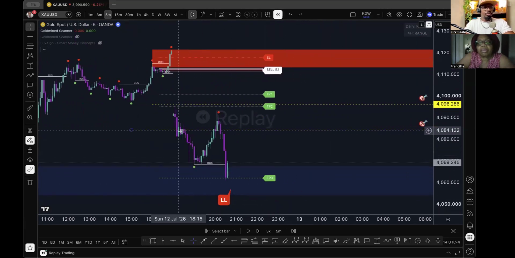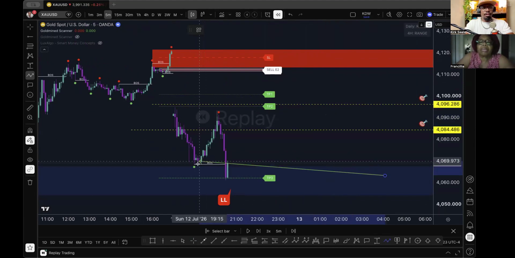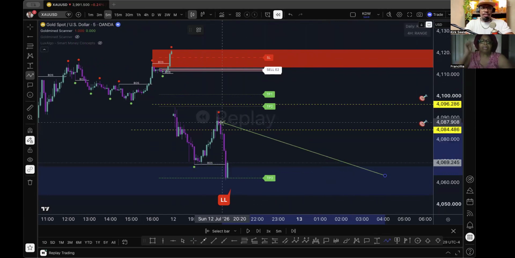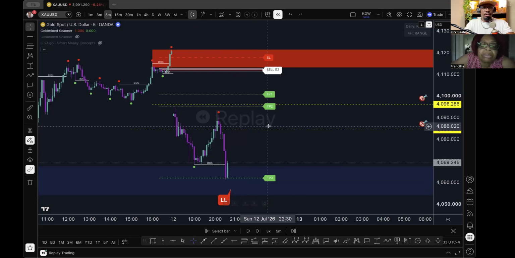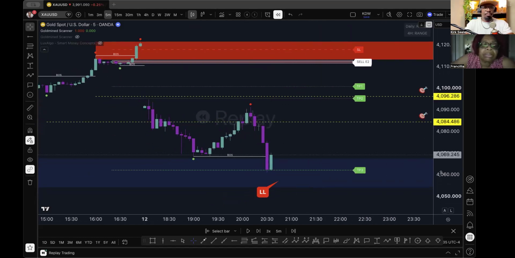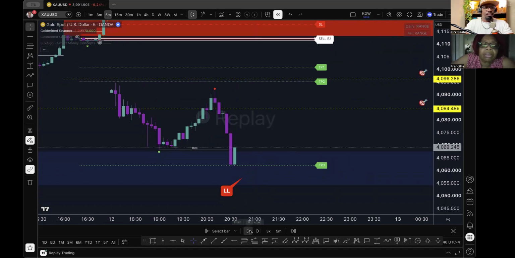This yellow line and this yellow line, this was take profit one, this was take profit two. Price came really close to the entry for that buy, but didn't quite hit it. Then this one came down and we're pretty much there. Let me make this bigger and I'm going to press play on this replay so we can take a look.